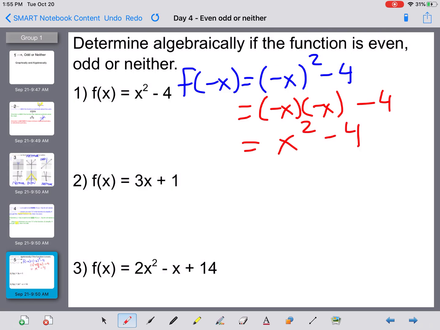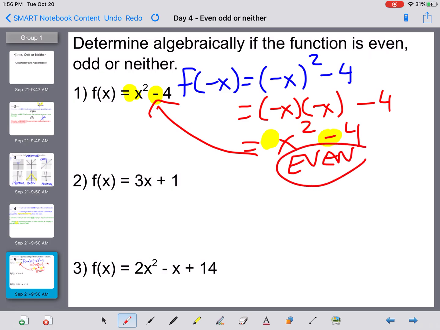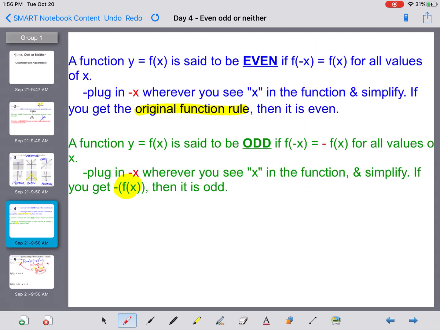So nothing should be changing, no values, no exponents or anything like that. The only thing we should be paying attention to is our signs. So here we have the same sign as we had here, and here we have the same sign as here. So we have the exact same function. So f of negative x is the same as f of x, so we would have something that is even, based off of what we said on the previous slide. So if we get the original rule, then something is even.